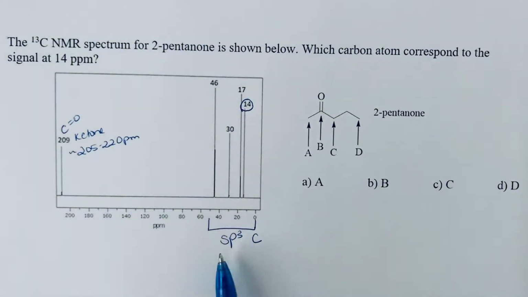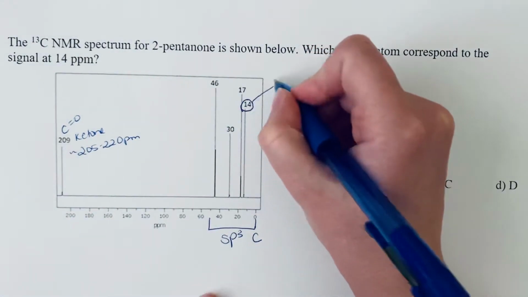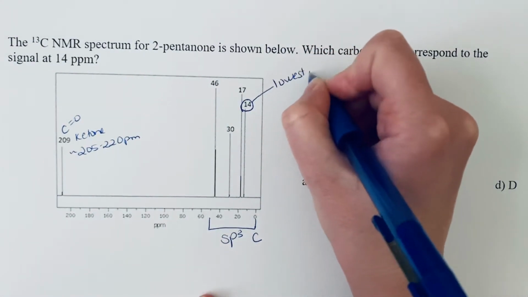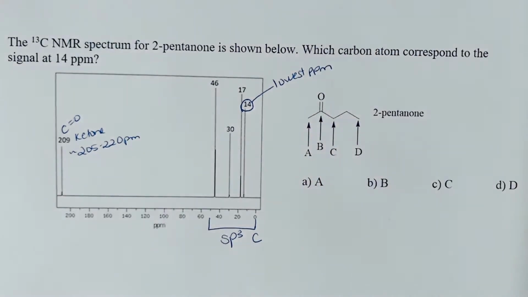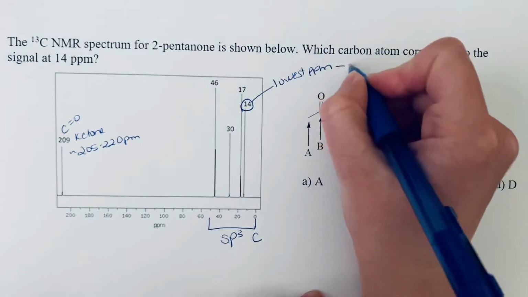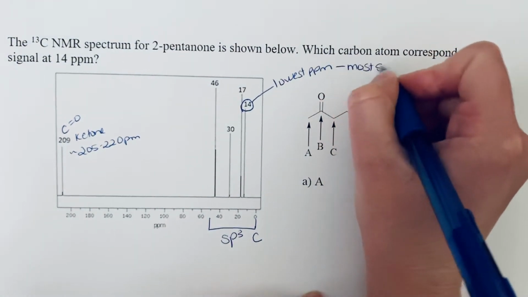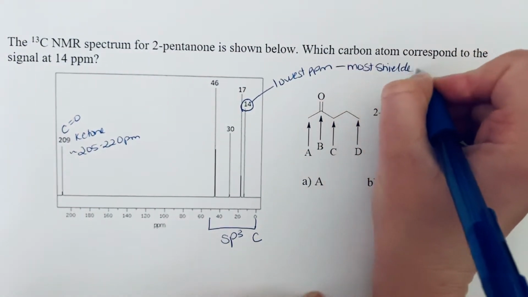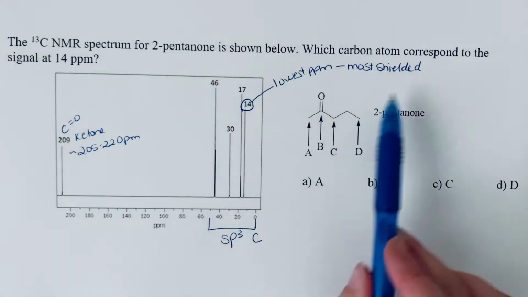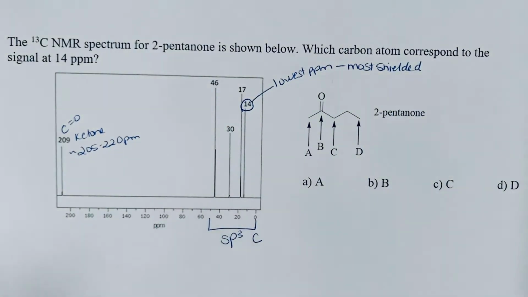So what we're looking for here, since it's the lowest ppm value that we have, tells us that this is the most shielded out of all of our carbon atoms. And so we can also think of that as being the farthest away from any sort of electronegative group.